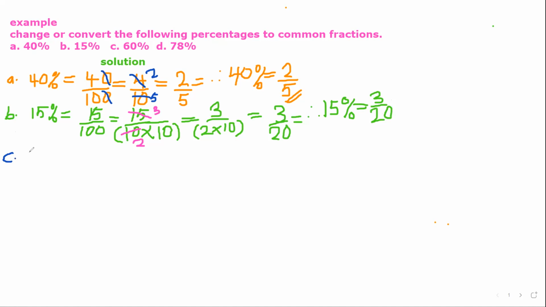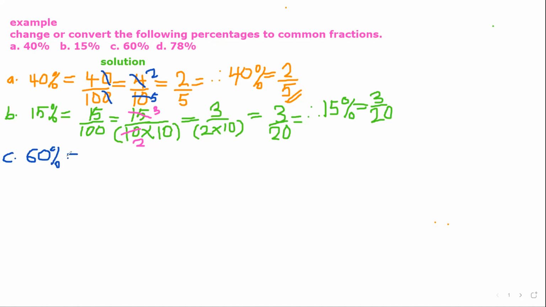C is 60%. 60% also means what? 60 out of what? 100, because percentage is always over 100 here. Now looking at this one carefully, the 60 is the percentage number. This line here is the division bar, and the two zeros here represent 100.